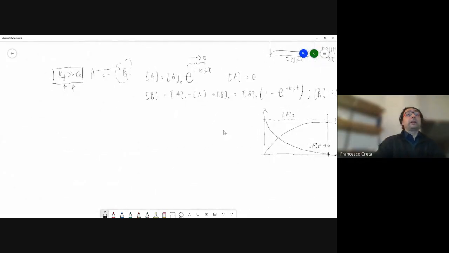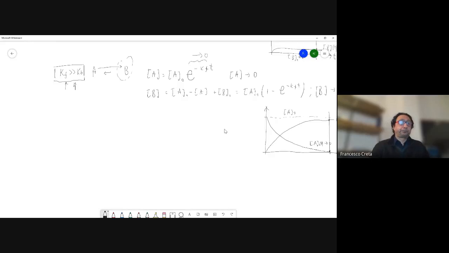Now, what about at equilibrium? Well, at equilibrium we know that the rate of change will be 0.